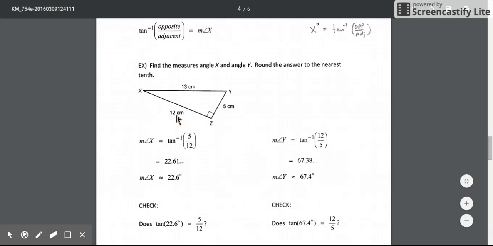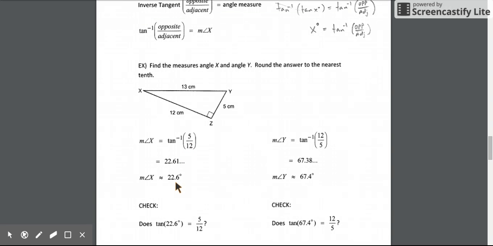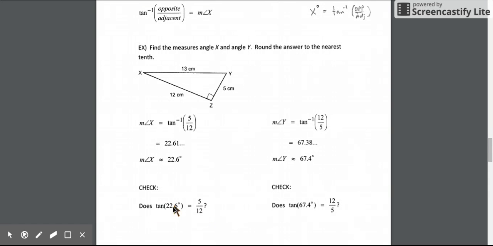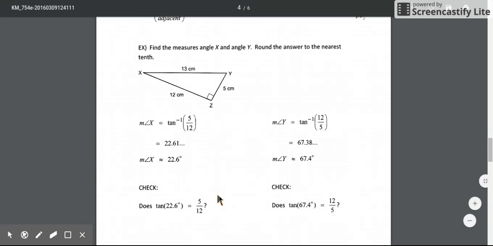The adjacent side length is 12. If I use the inverse tangent of my ratio 5 to 12, in degree mode, my calculator tells me the angle measurement for angle X is about 22.6 degrees. And then we could check it. The tangent of that angle should be equal to the opposite over adjacent ratio. And so if I check it on my calculator, it does in fact give me the same value.